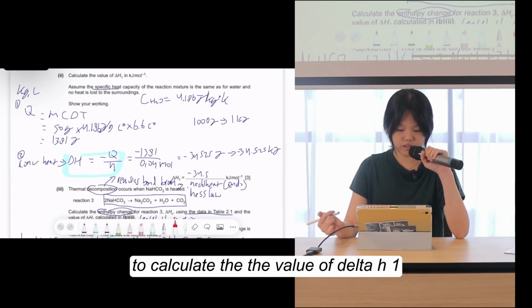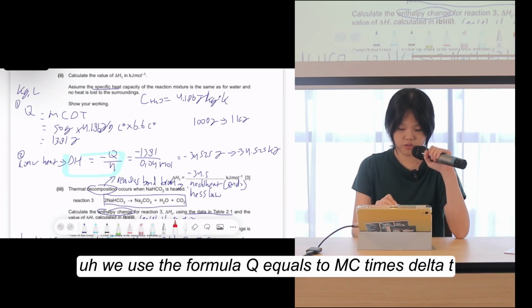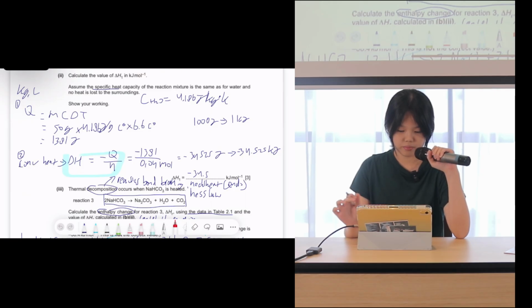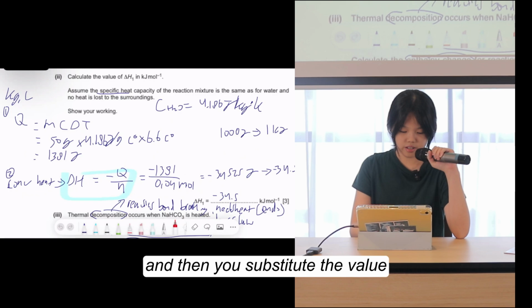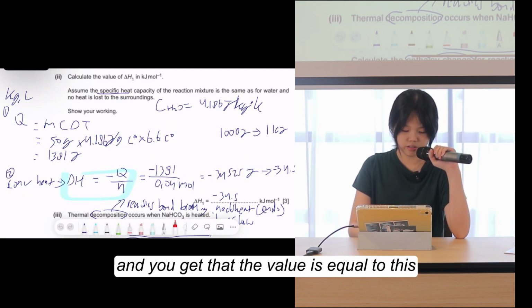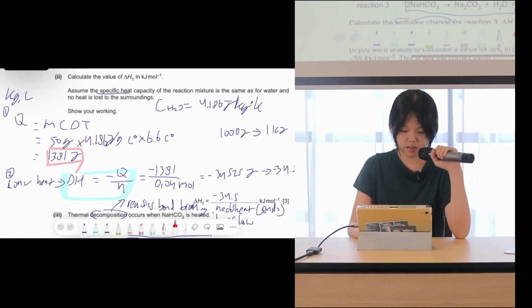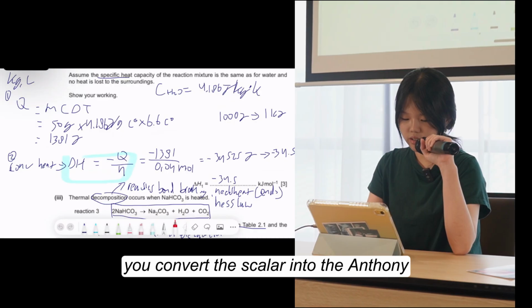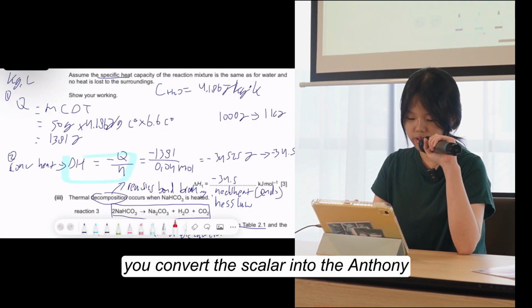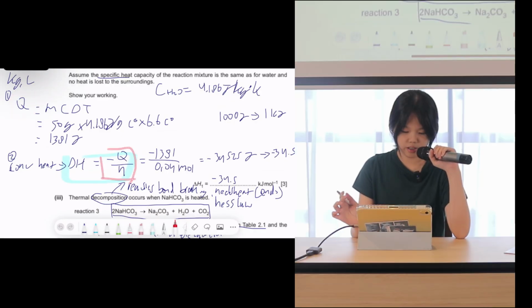To calculate the value of delta H1, we use the formula Q equals mc delta T. So first you use this formula and then you substitute the values, and you'd get that the value is equal to this. Then right after that, you convert this into the enthalpy by using this formula.